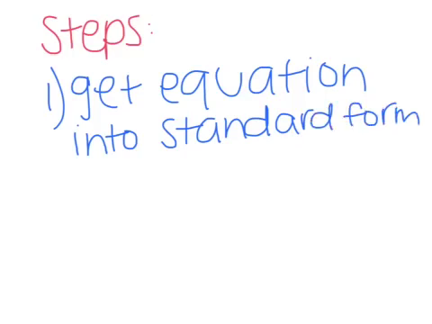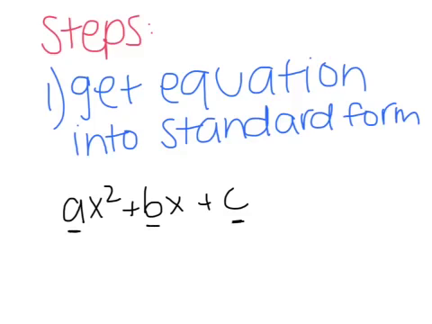And standard form is ax squared plus bx plus c. And that's how you're going to be able to find the numbers that you need to plug into the discriminant.